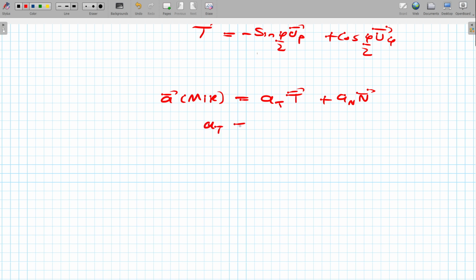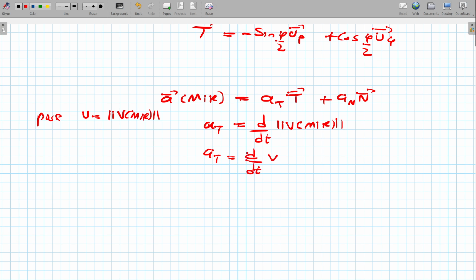We said that AT is equal to the derivative with respect to time of the norm of the velocity of the point M in the reference frame R. To simplify things, we're going to pose V equal to the norm of the velocity vector in the reference frame R, and so we can write AT as the derivative with respect to time of V. Then, if you remember, we said that AN is going to be equal to V squared divided by rho.